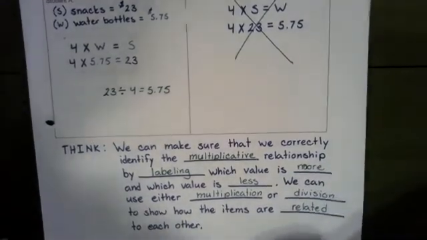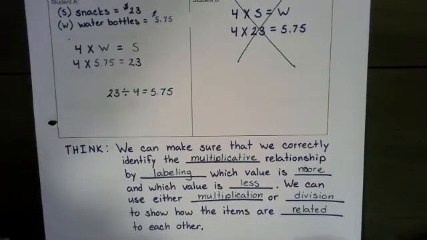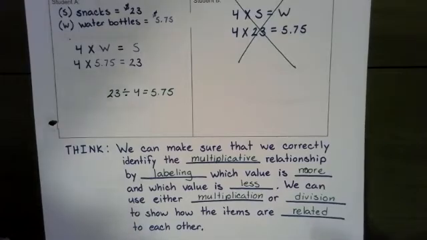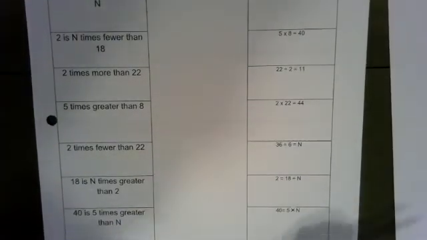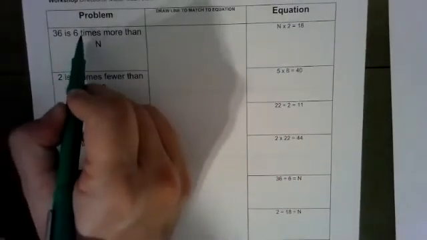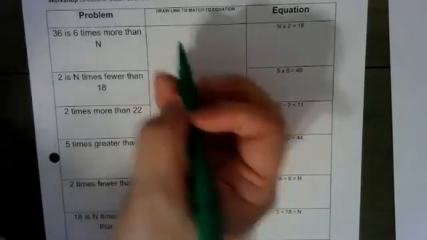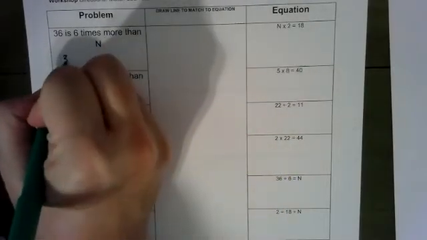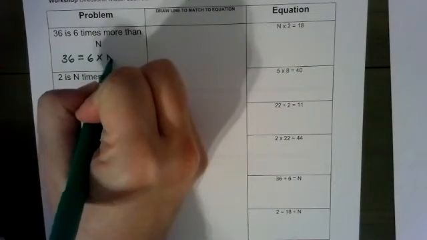If you have a copy of this packet, your next set of practice problems has to do with matching the correct statement with the correct equation. Let's look at one together. The first problem says 36 is 6 times more than n. If I write this as an equation, this is what I see. 36 is 6 times n.